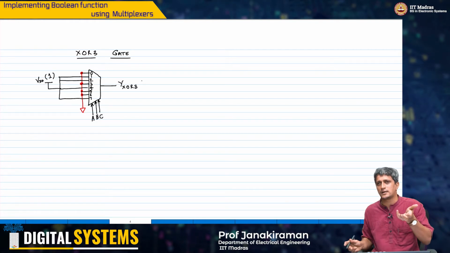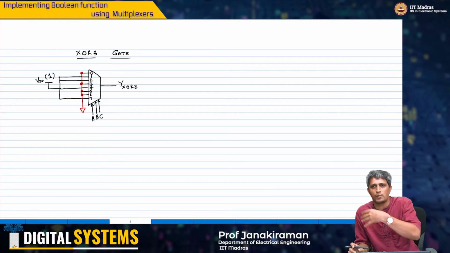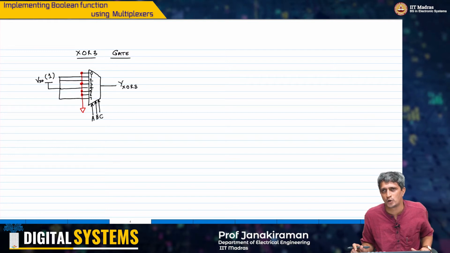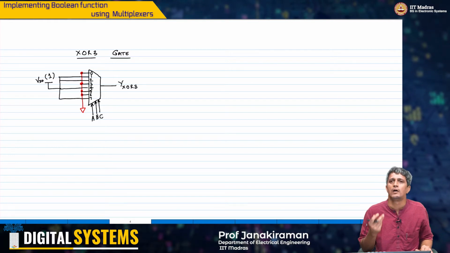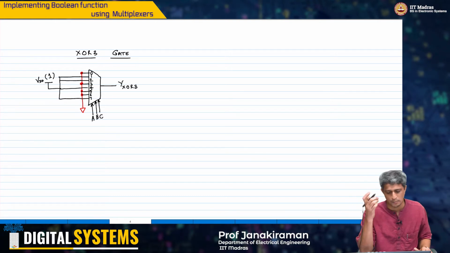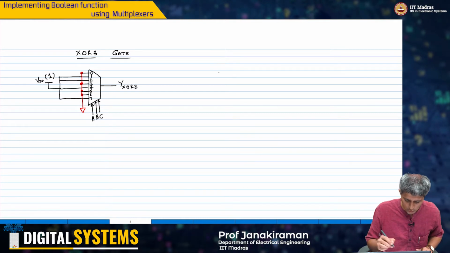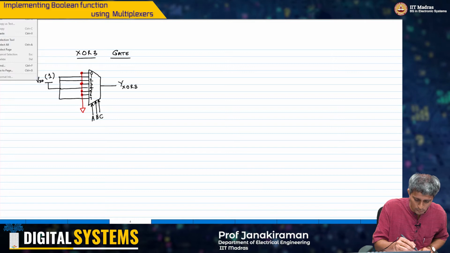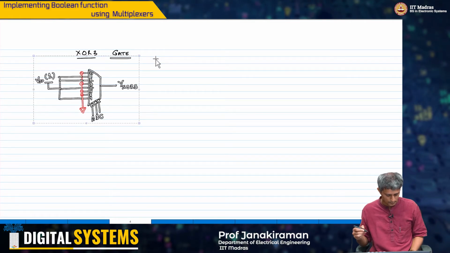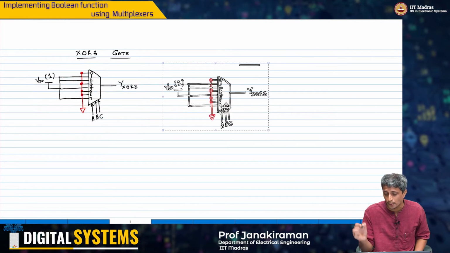Now unlike the decoder case where we got certain minterms, we could optimize the number of OR gates after that. Technically that's not doable in case of a multiplexer, right? In case of a multiplexer, in order to implement another function, I basically just need another multiplexer, because I don't have access to the internal signals, by the way, okay?